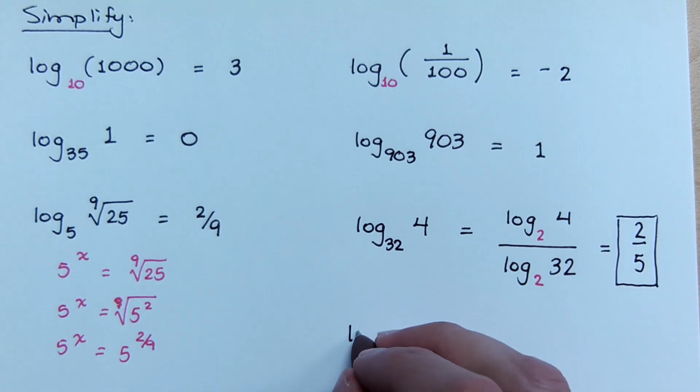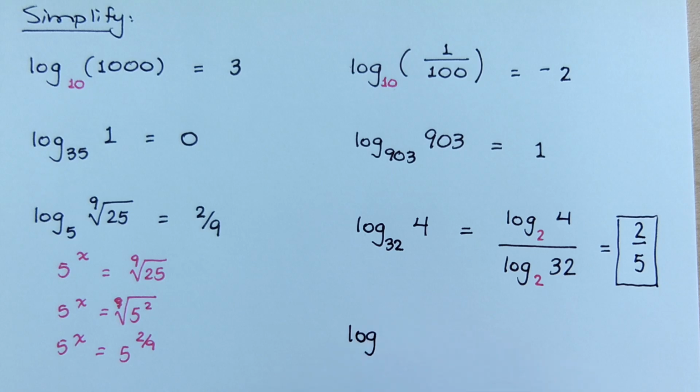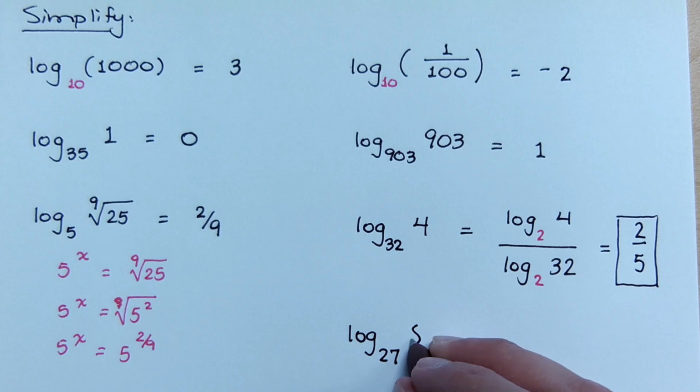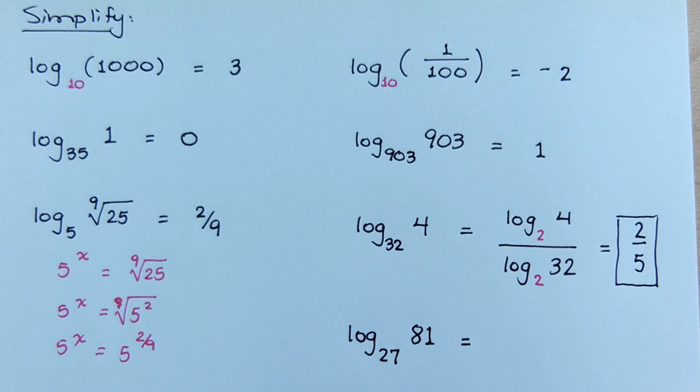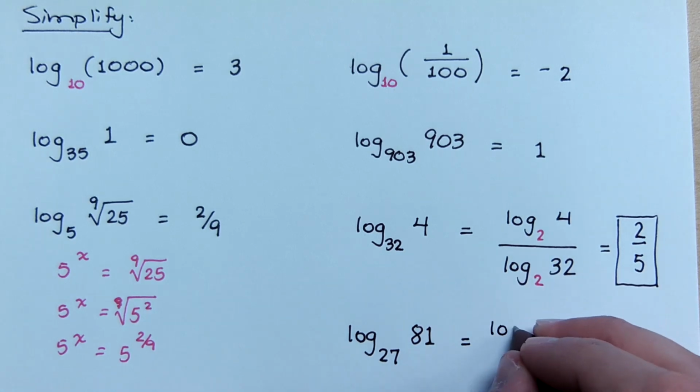We can do a similar question. If I say, what is log base 27 of 81? What is the common base here between 27 and 81? The common base is 3. So let's rewrite this using that change of base theorem.